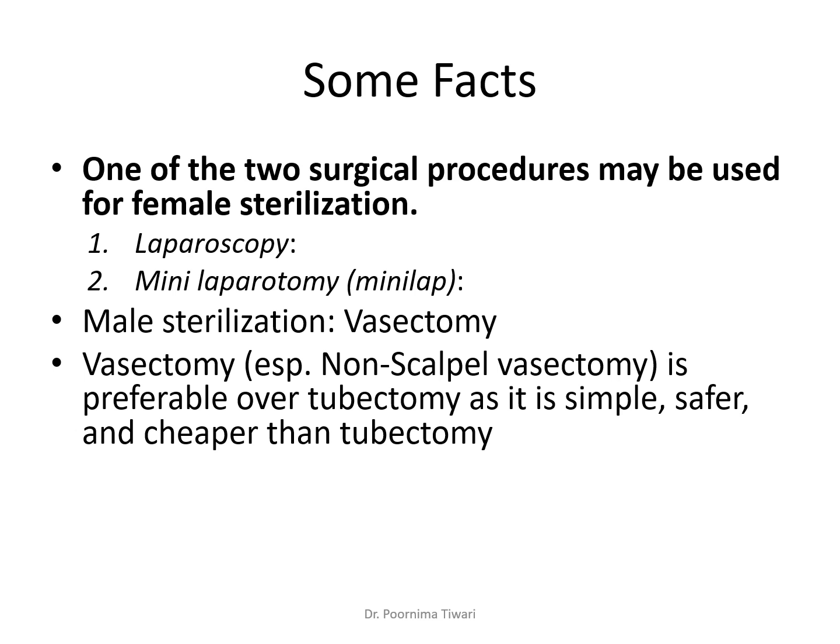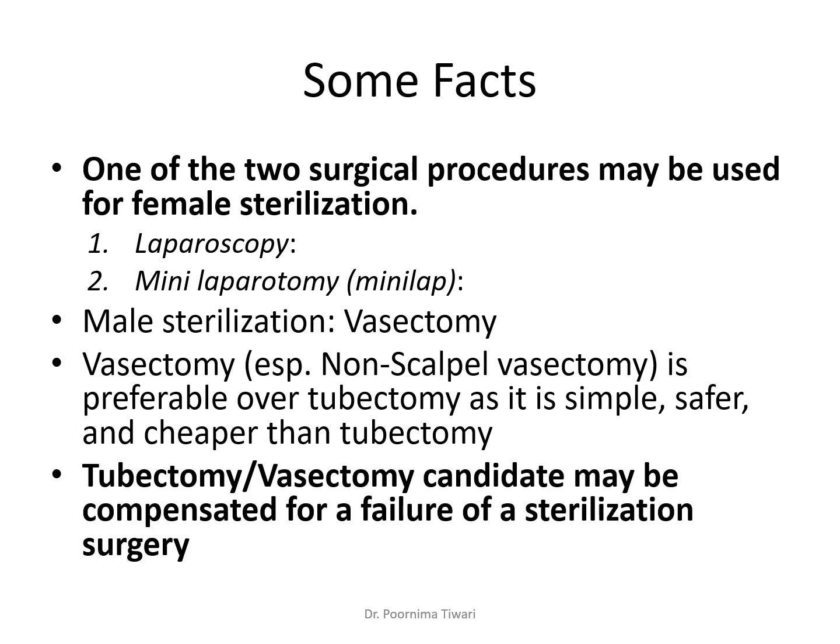If there is a choice between sterilizing a male or a female in a couple, vasectomy, especially non-scalpel vasectomy, is preferable over tubectomy because vasectomy is simpler, safer and cheaper compared to tubectomy. And a candidate undergoing sterilization may be compensated if the surgery fails.